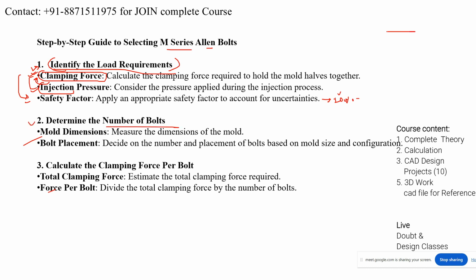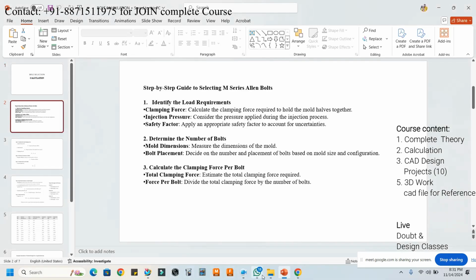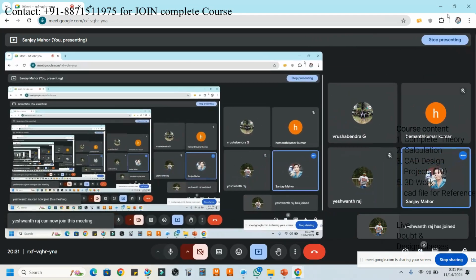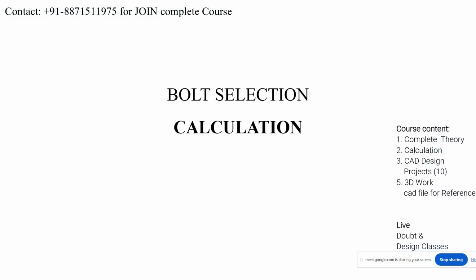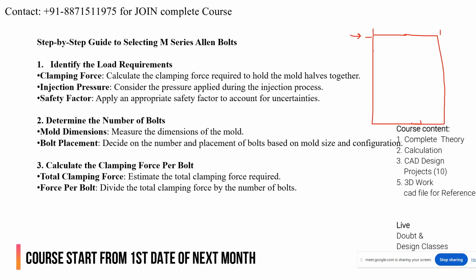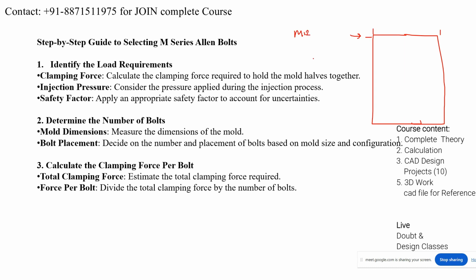For example, you have a mold like this. So for this mold, depending upon the size, length or width, or you can say the weight of the mold, you are selecting M12 bolting, and you are taking 4 bolts.